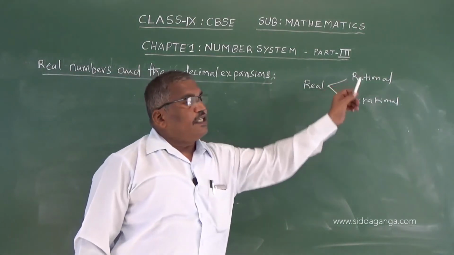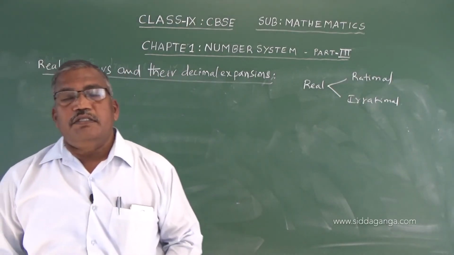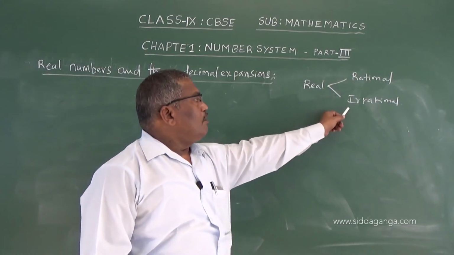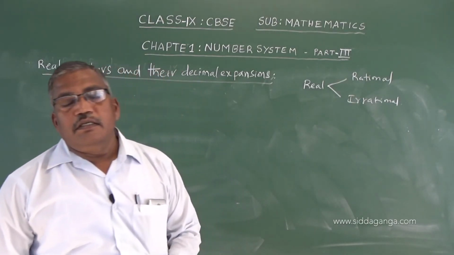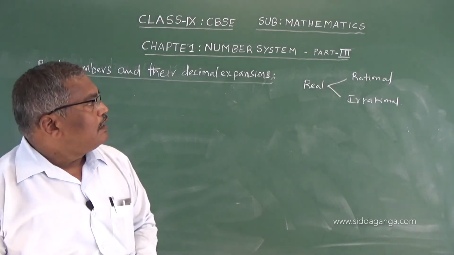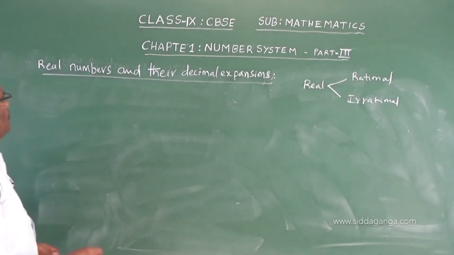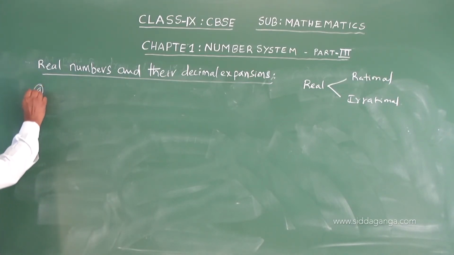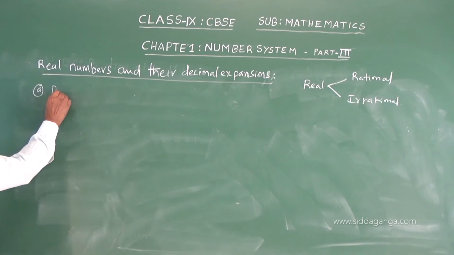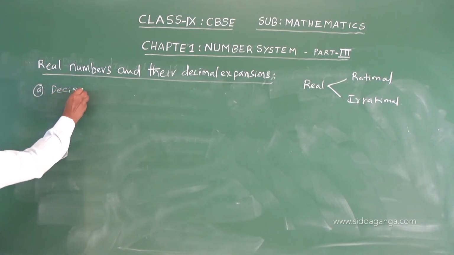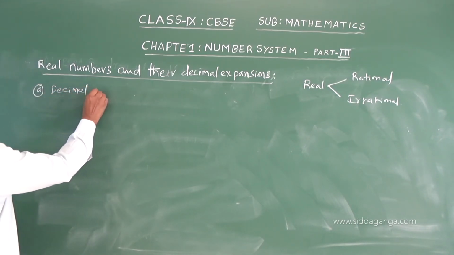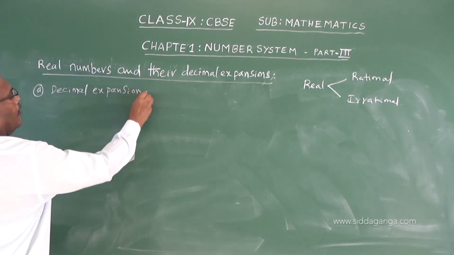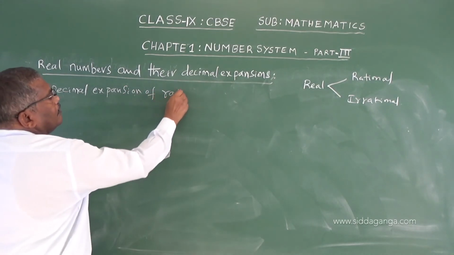Under this, first we will study the rational numbers and their decimal expansion, and in the next topic we will study the decimal expansion of irrational numbers. So first I will take up decimal expansion of rational numbers.